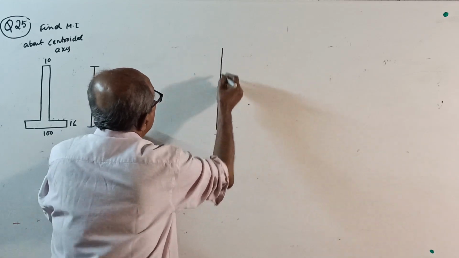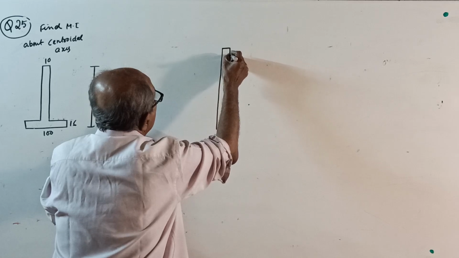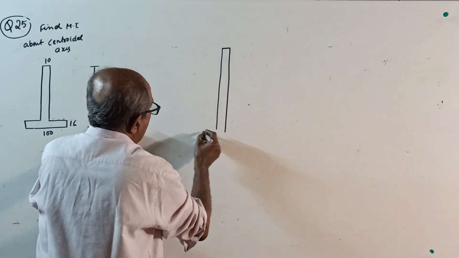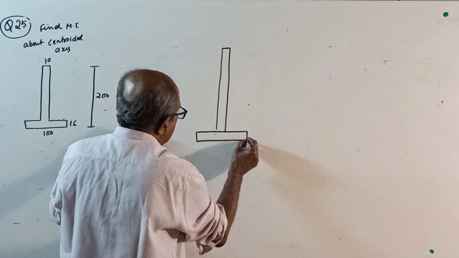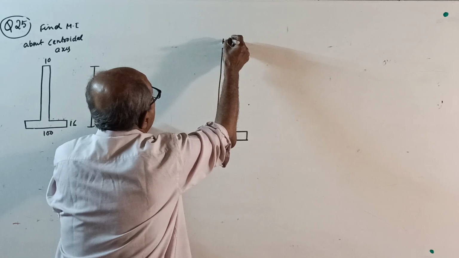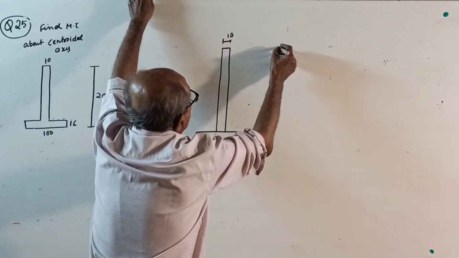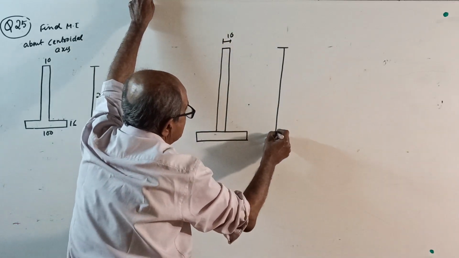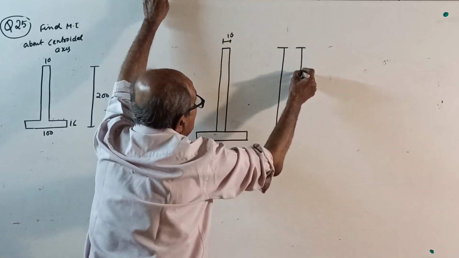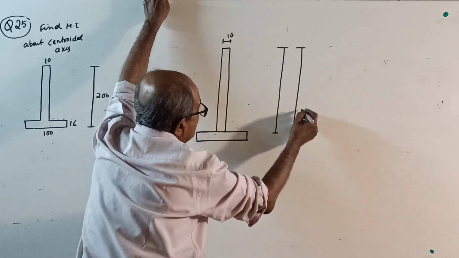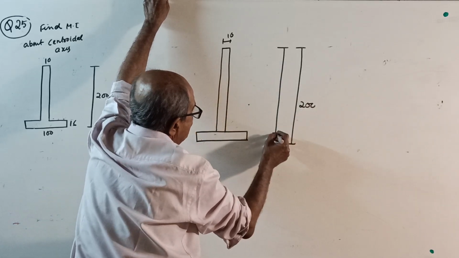One rectangle here, thickness is 10, this way, and here smaller, 100. This is 10. The total depth, how much is it? Total given is 200. When the total is 200, this is 16.